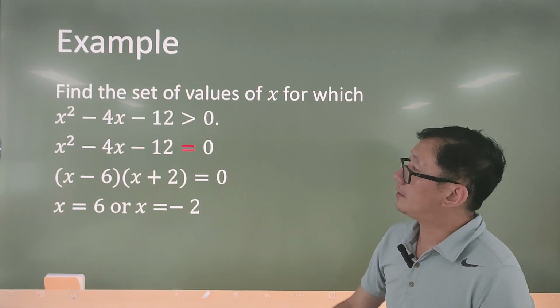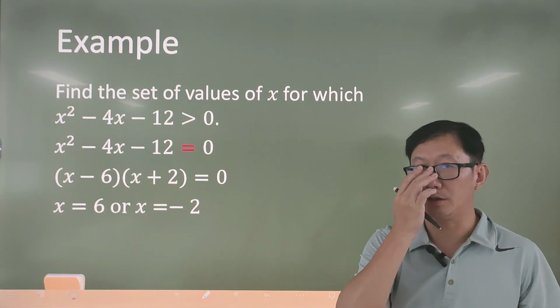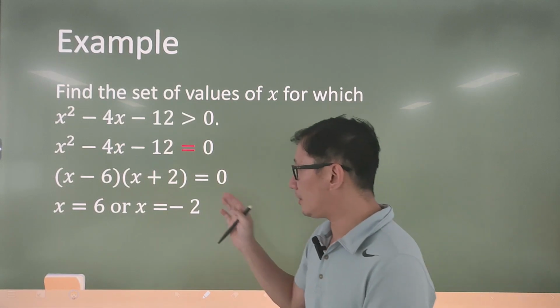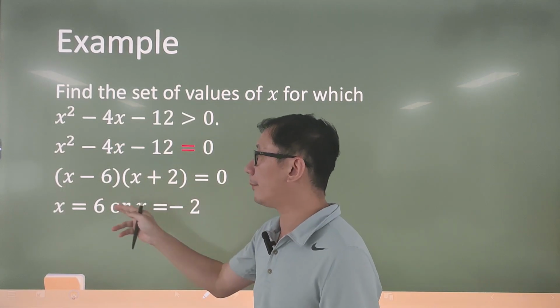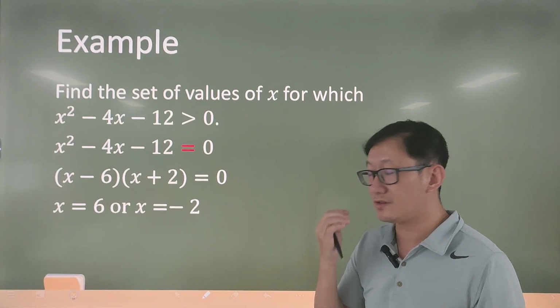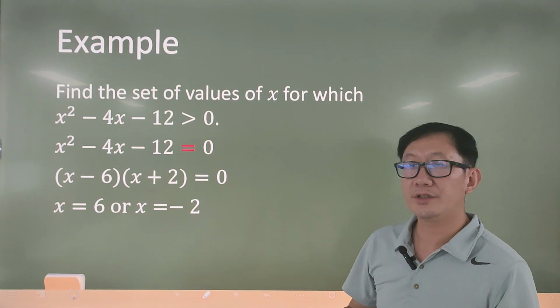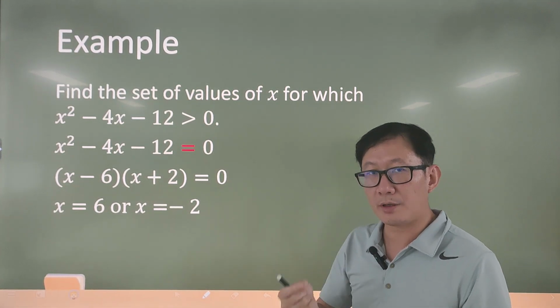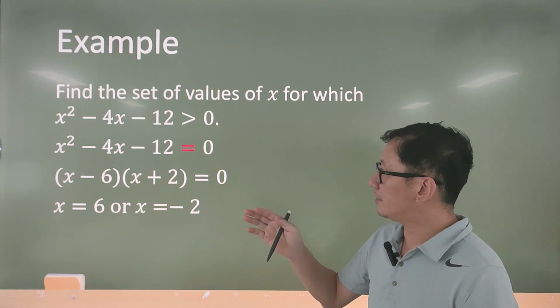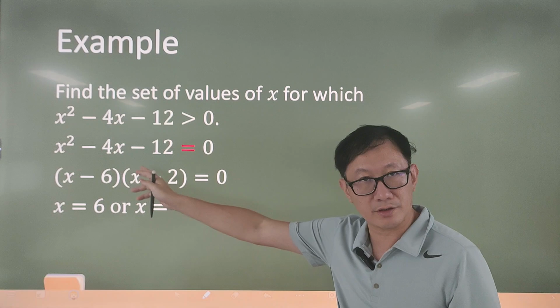Okay, and then let's go back to the inequality. Please do not just assume the solution is between those two values. It's really easy to make a mistake. We need to properly examine it. So now, let's look at the equation here.